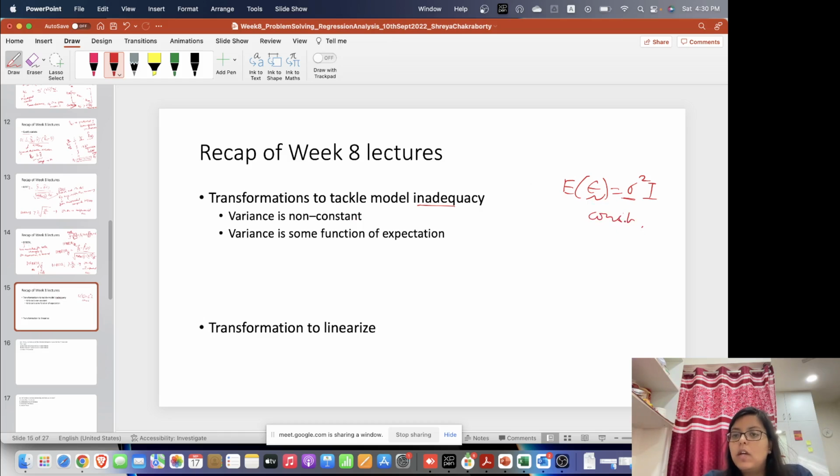So these were the assumptions, that the variance is constant. Now if there is deviation from these assumptions, like the variance is non-constant or it is some function of the expectation, then we have to perform some transformations so that our results are not grossly deviating. For this we applied some transformation.